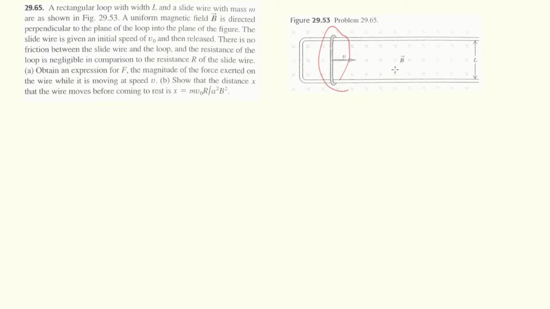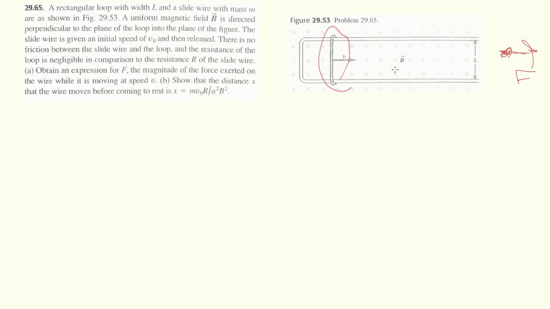In other words, if we look at the force diagram of just the bar itself, it's going to have a forward force, whatever forward force I put on it.